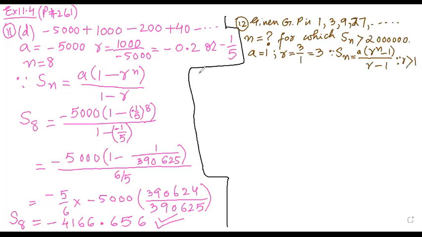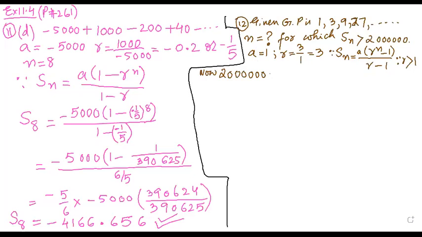So now Sn is greater than 2000. We will consider the sum to n terms as 2000, and the number of terms should exceed that.